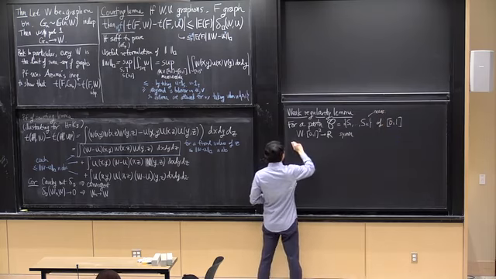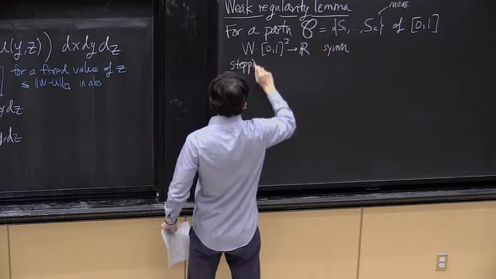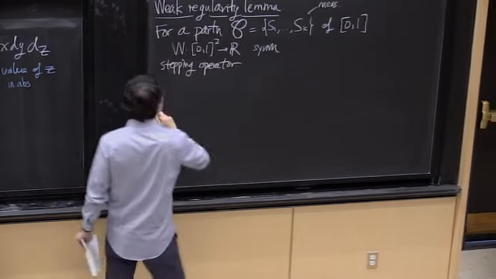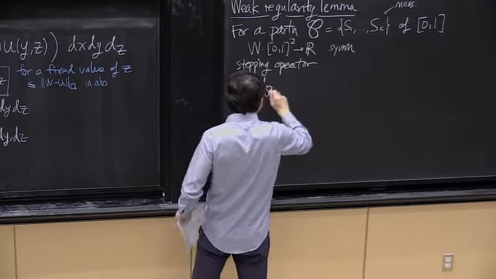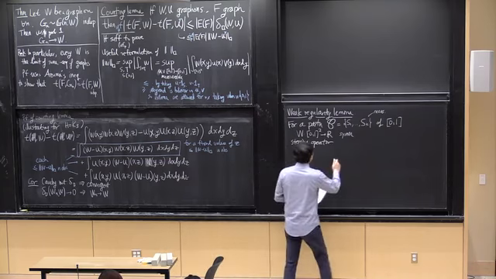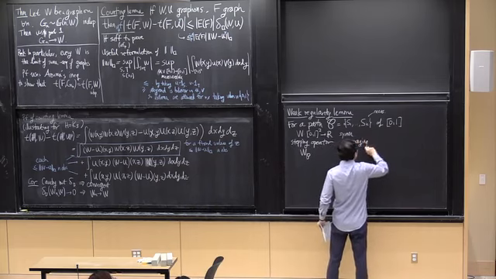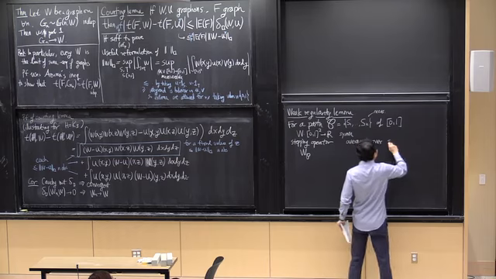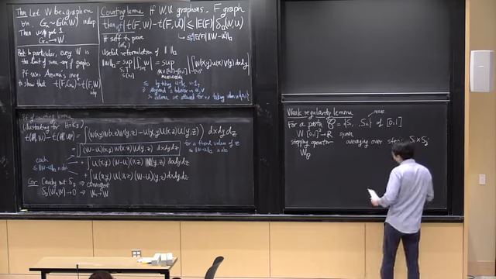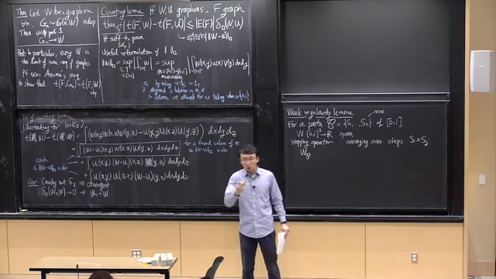I can define what's known as a stepping operator that sends W to this object, W sub P, obtained by averaging over the steps Si cross Sj, and replacing that graphon by its average over each step.